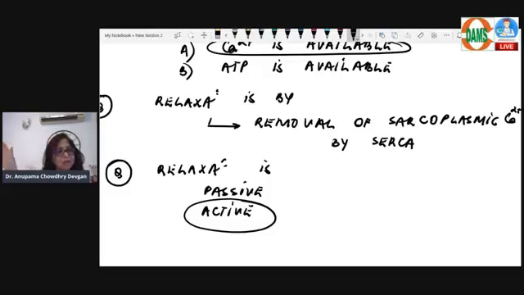When the stimulus stops, no excitation of the motor neuron, muscle will relax. So there is now going to be SERCA activity, which removes the calcium from the sarcoplasm back into the sarcoplasmic reticulum. SERCA is the sarcoplasmic endoplasmic reticulum calcium pump.